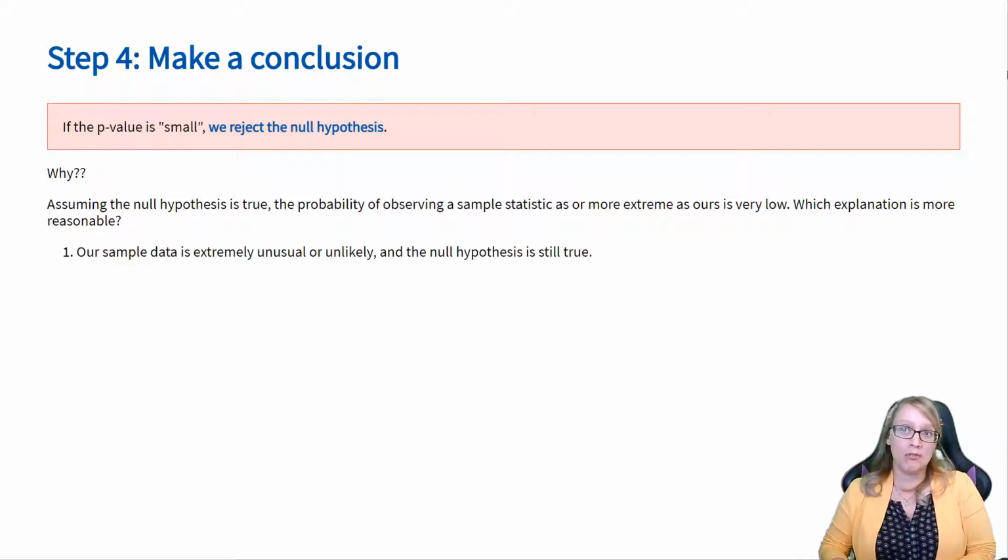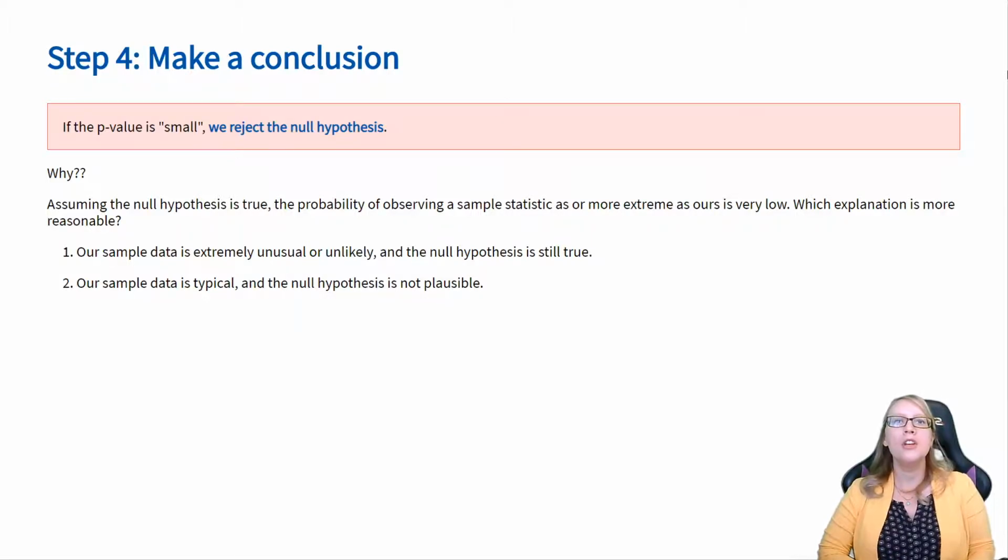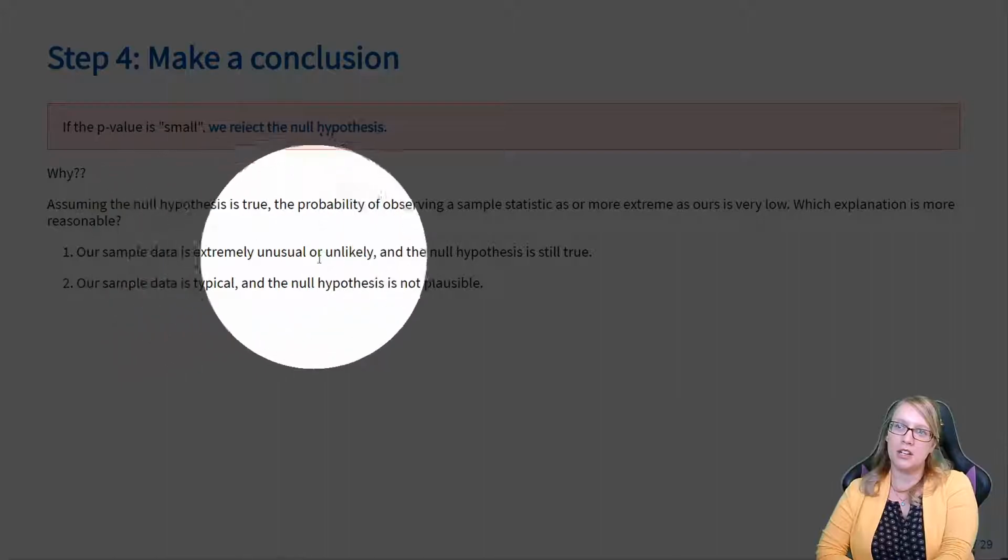Is it more reasonable that our sample data was just unusual, kind of weird? Or is it more reasonable that the assumption that we started out with probably wasn't true? So if our p-value is small, we typically will go with explanation number 2.